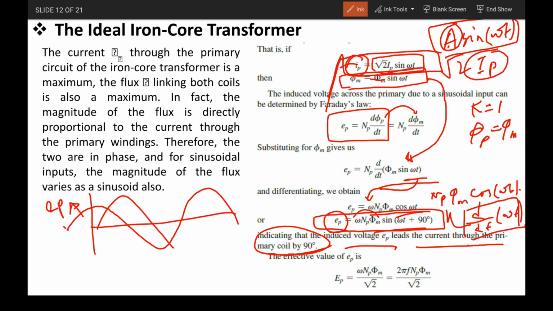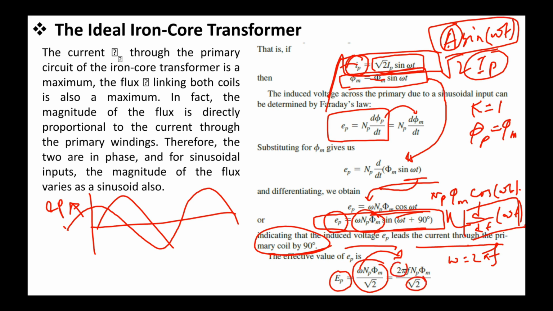Now if we want to calculate the effective value or RMS value, we know the formula. It is the magnitude, and RMS is basically the magnitude divided by root 2. So it is omega N_p phi_m over root 2, and then we can convert omega to 2 pi f because omega equals 2 pi f. Now we have the constant 2 pi divided by root 2.